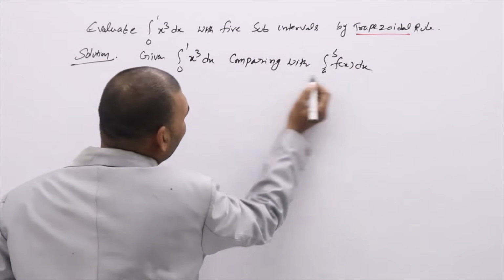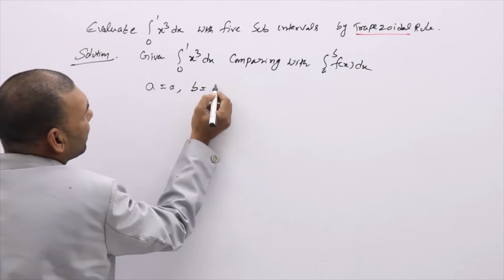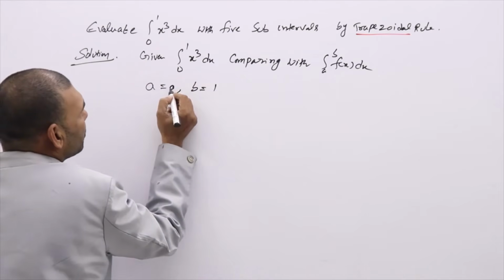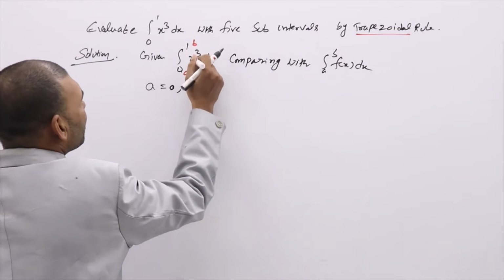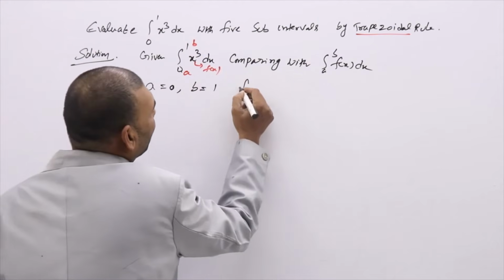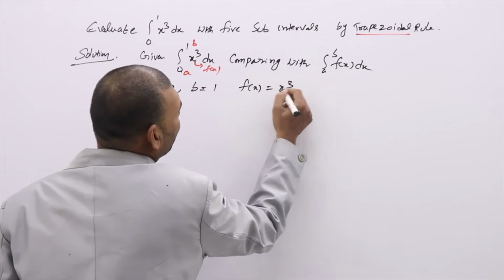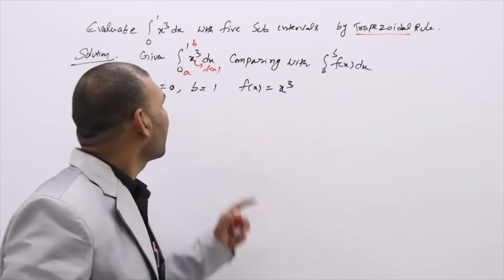First compare this one with this, then you can find what a and b are. a is 0, b is 1, and f of x is x cube.